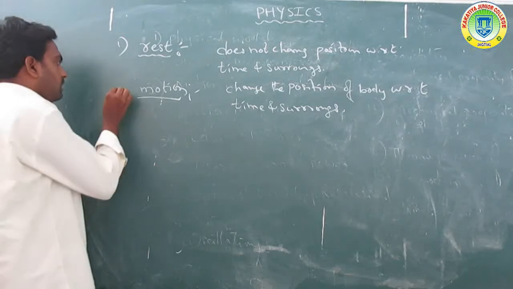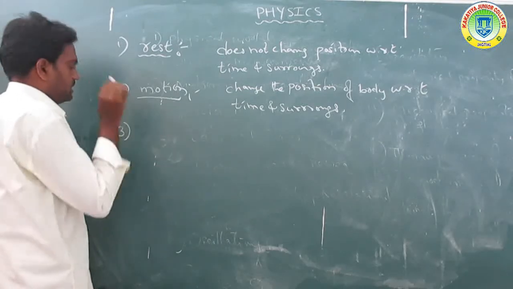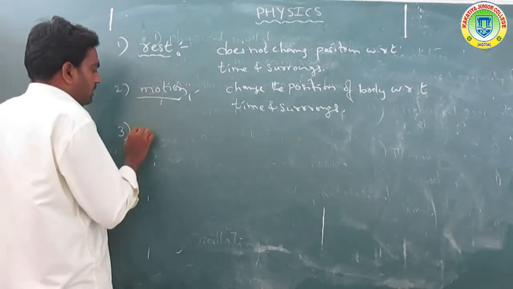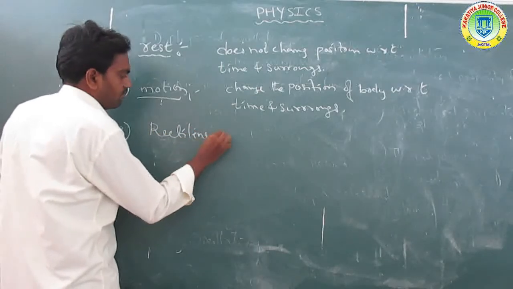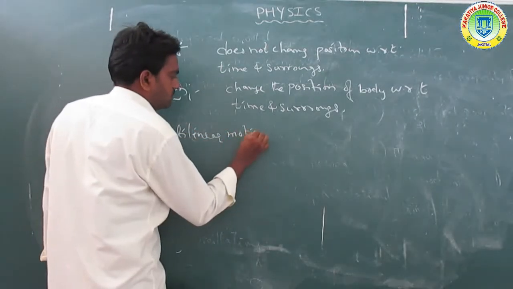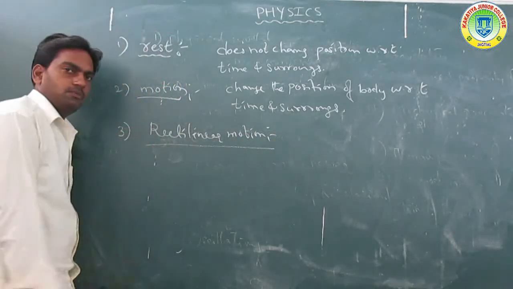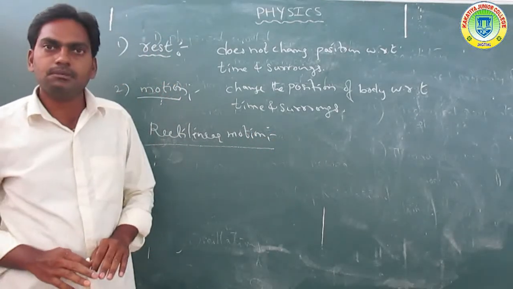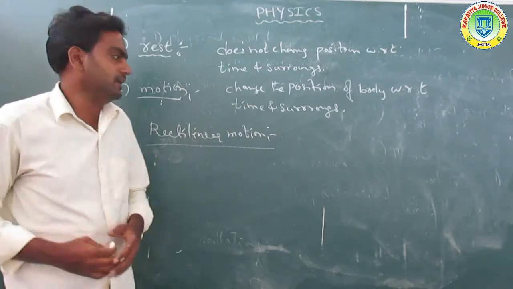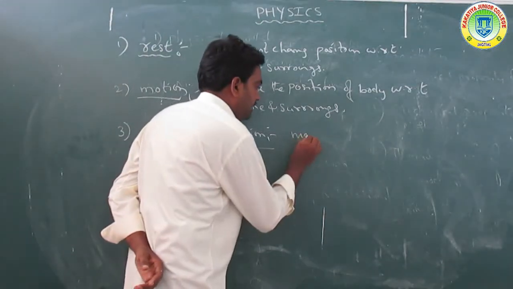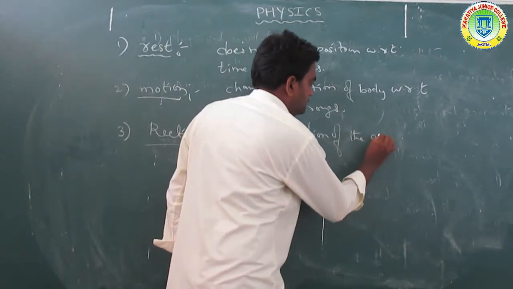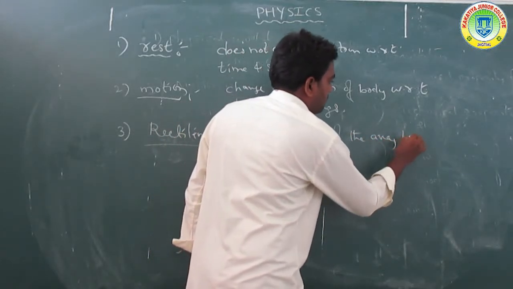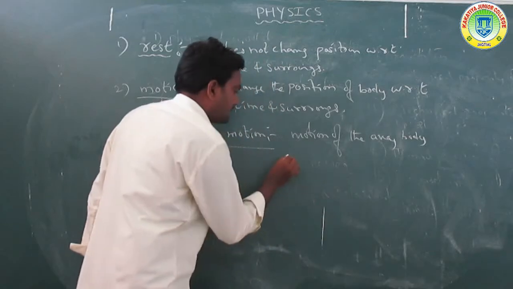Now another statement, that is called rectilinear motion. So what is rectilinear motion? Rectilinear motion is nothing but motion of any body along a straight line.